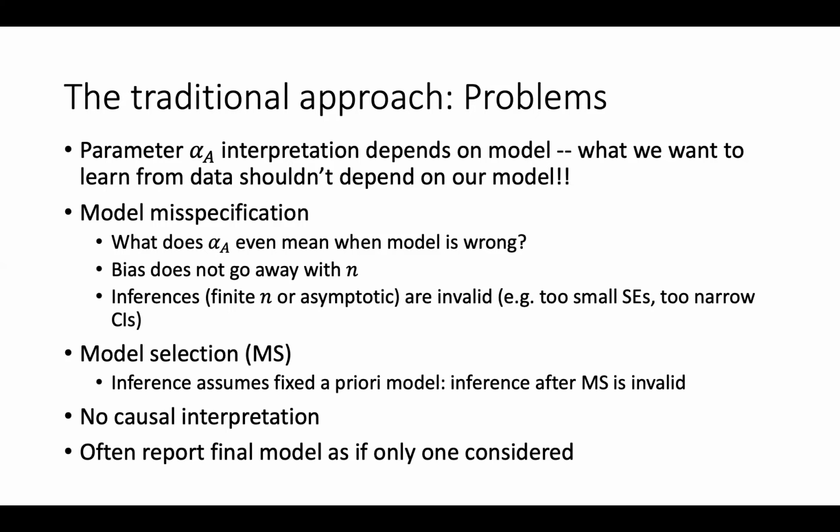In that case, we'll have a bias in our estimate that's not going to go away with the sample size. And perhaps worse, the inferences that we make are all going to be wrong. The confidence intervals are going to be too narrow, and actually it doesn't even make sense to compute confidence intervals, p-values, etc., when you have a biased quantity.